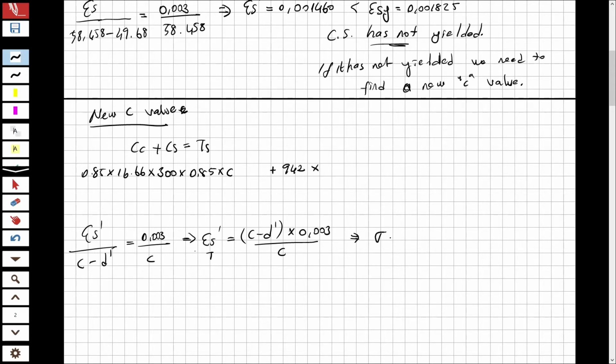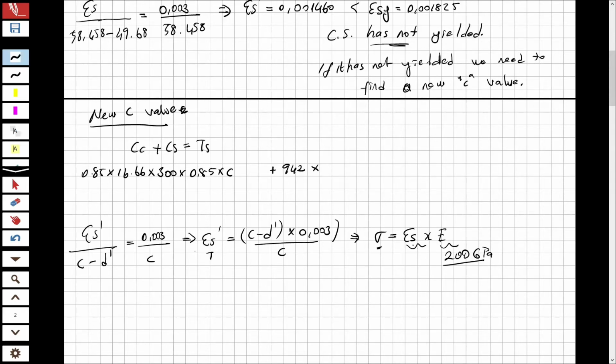But what is the formula of sigma? Stress in anything, okay? It is the yield point of that material multiplied with the modulus of elasticity, right? So what is this one? This one we have. This one is 200 gigapascal. So when I multiply with this, I'm going to obtain the new stress value that is going to be used in the compression steel part.